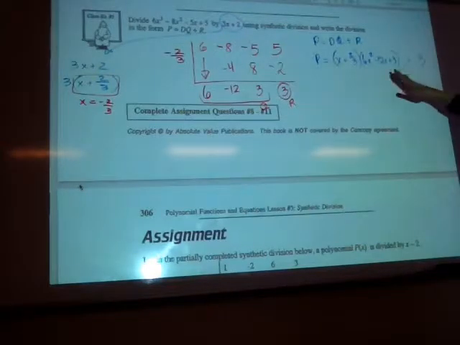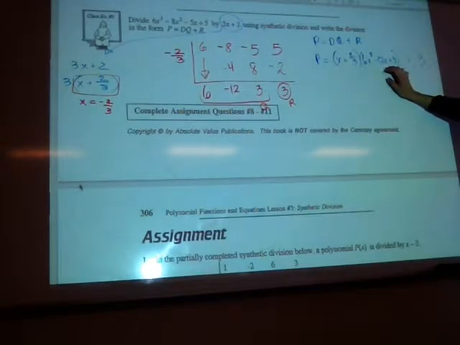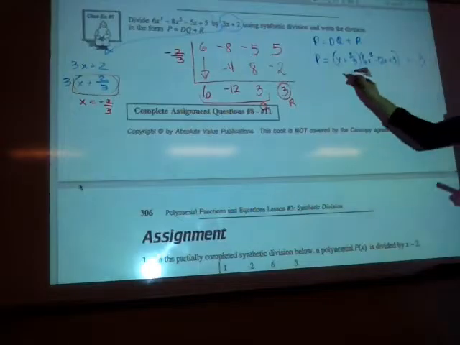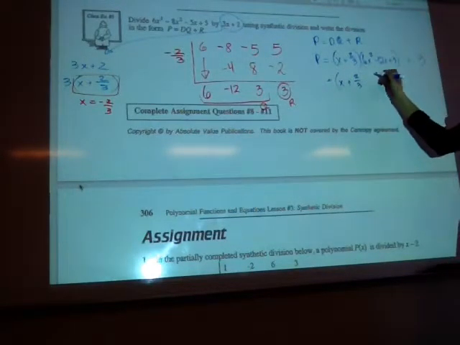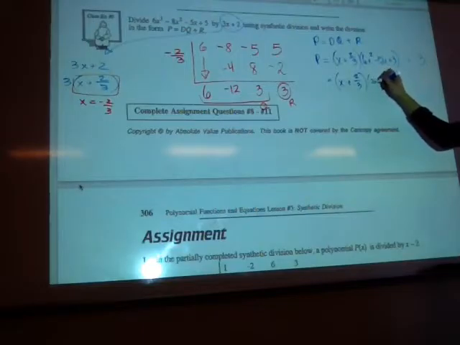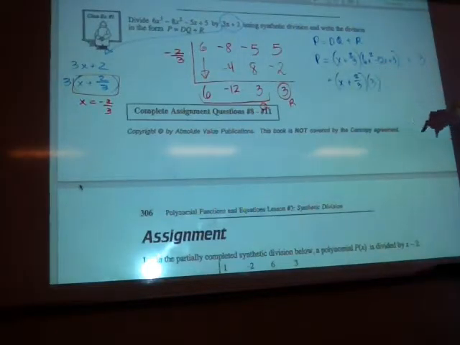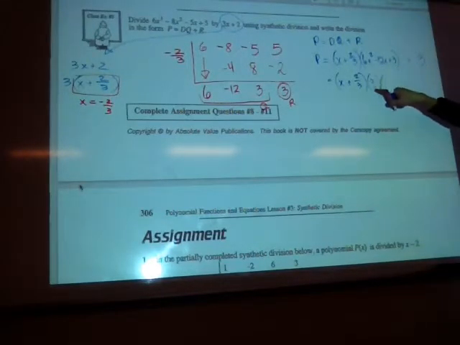What do I have to remember to do with this quotient? Good, factor out a 3. When you get really good, you won't have to do these 2 steps, but I'm just going to show you that I'm factoring the 3 out of that. So 6 divided by 3 is 2x squared. Negative 12 divided by 3 is negative 4x. 3 divided by 3 is 1.